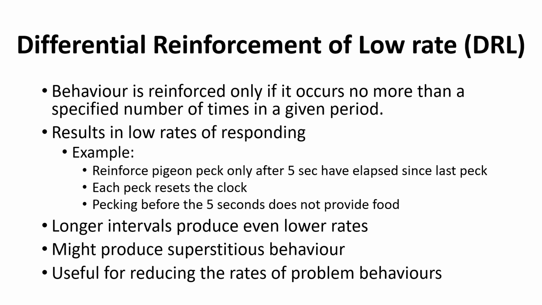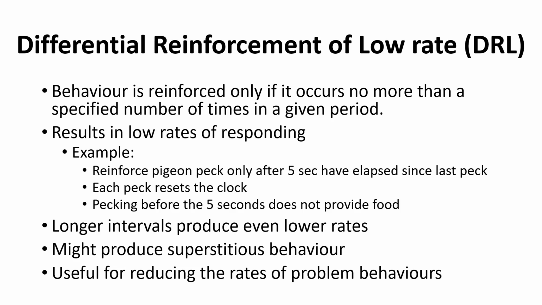We can think about this in terms of, say, a pigeon in an operant box. If we were using a differential reinforcement of low rates of responding for that pigeon, we might say that we're going to reinforce the pigeon for pecking only after 5 seconds have elapsed since the last peck. So we want there to be at least 5 seconds with no pecking before this pigeon gets reinforced for pecking.